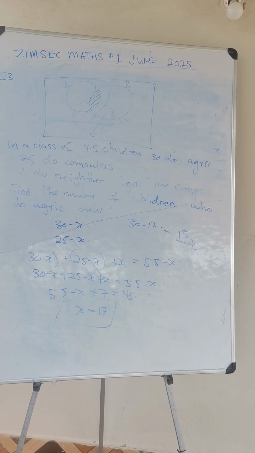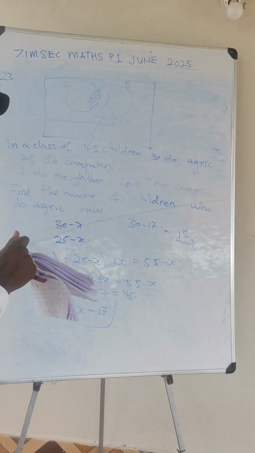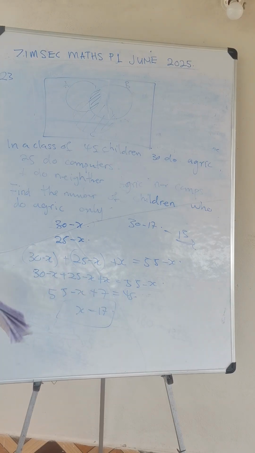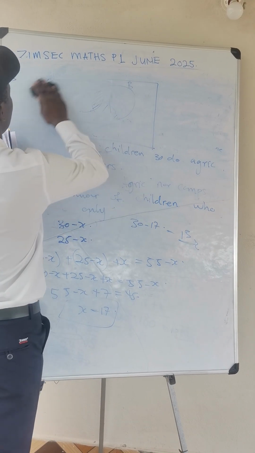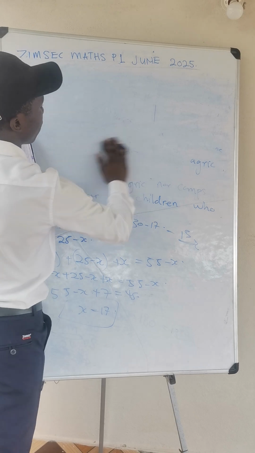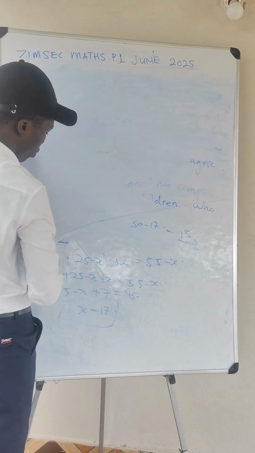So let's move to the next question, which is the last question, number 24. Number 24 is a travel graph. It's a very simple topic.